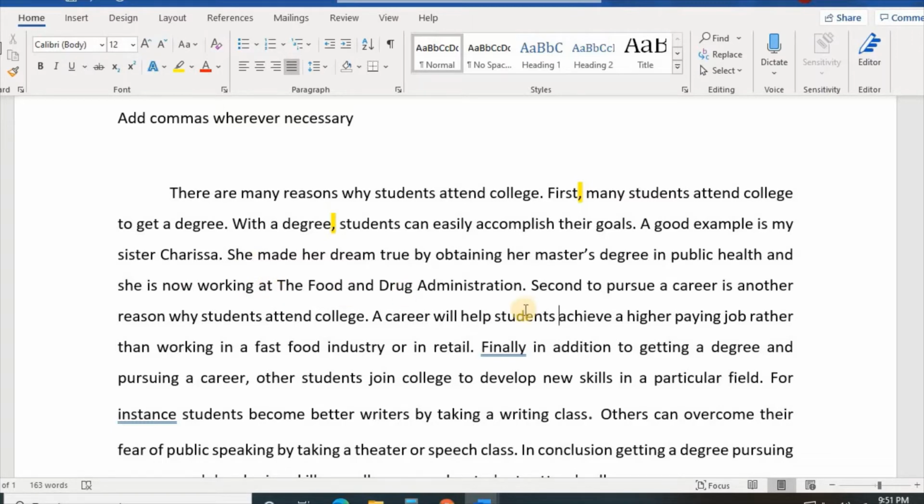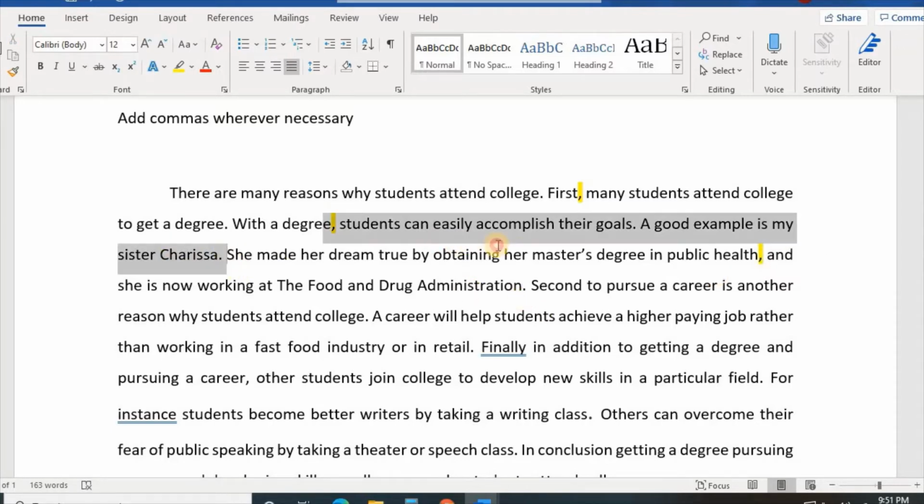If you notice here, there is an and conjunction, a coordinating conjunction, and we also learned that when you have any one of the coordinating conjunctions, or FANBOYS, joining two independent clauses, we need a comma before that conjunction. So there should be a comma before this and, because it is joining two independent clauses. Let me highlight the first one.